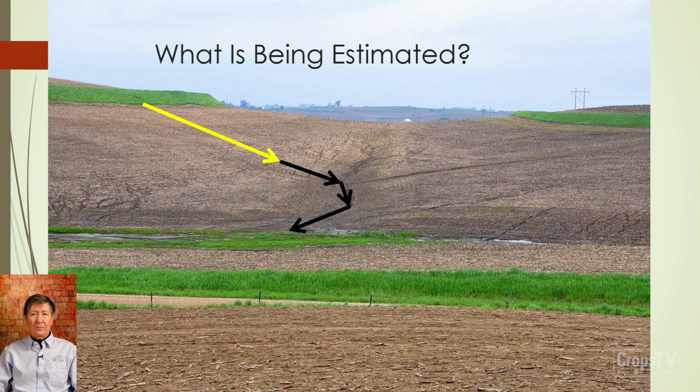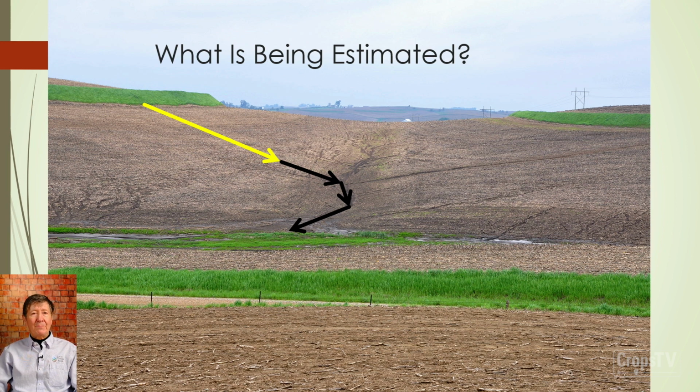When someone, NRCS, says to you that your farm plan will allow 5 tons, pick your number, of soil erosion per year, what it says is that the amount of 5 tons per acre per year moving along that yellow arrow passes the head of the yellow arrow, and that's it. The estimate is how much sediment moves along that part of the hill slope past the point at which we think channel processes, ephemeral gully development, occurs on those hill slopes.